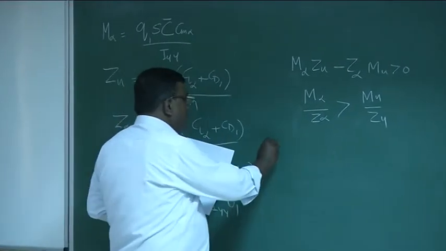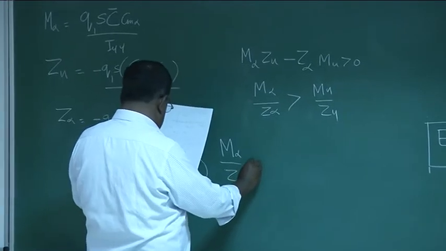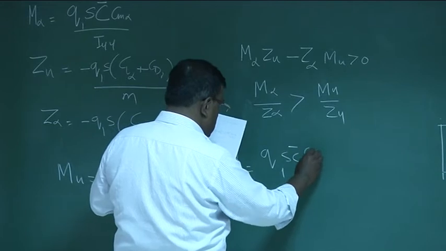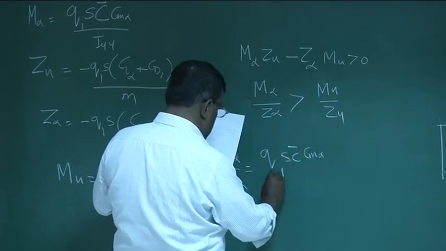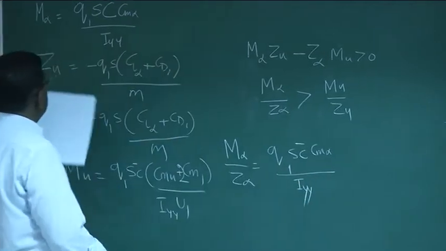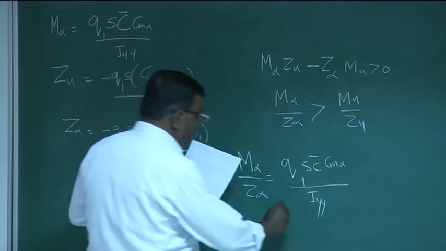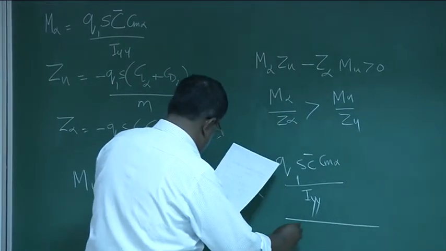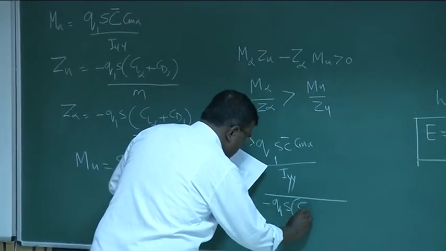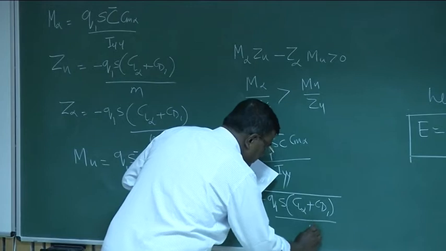M alpha by Z alpha will be nothing but Q1 S C bar Cm alpha by Iyy, divided by Z alpha. Z alpha is minus Q1 S (Cl alpha plus CD1) by m.